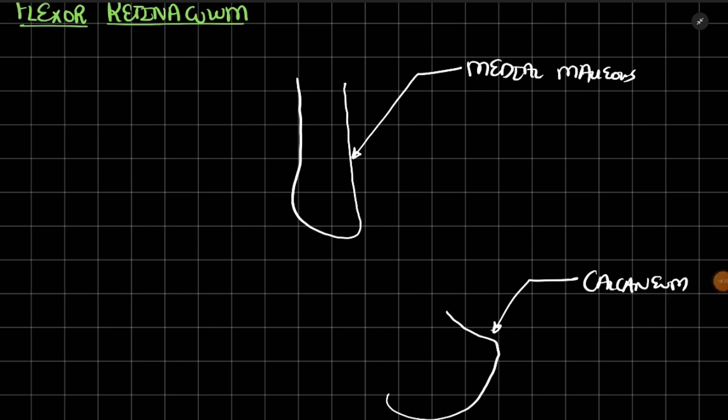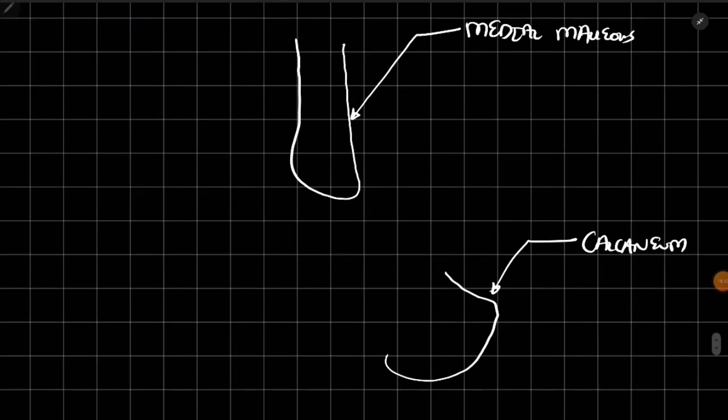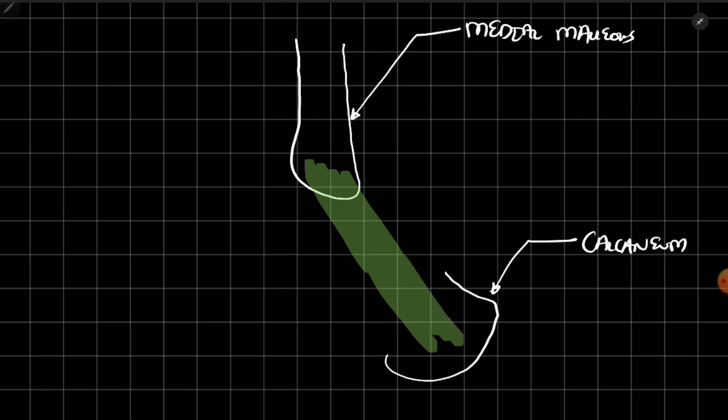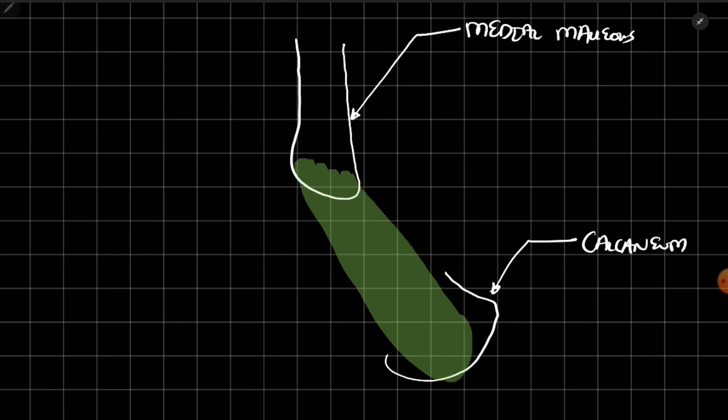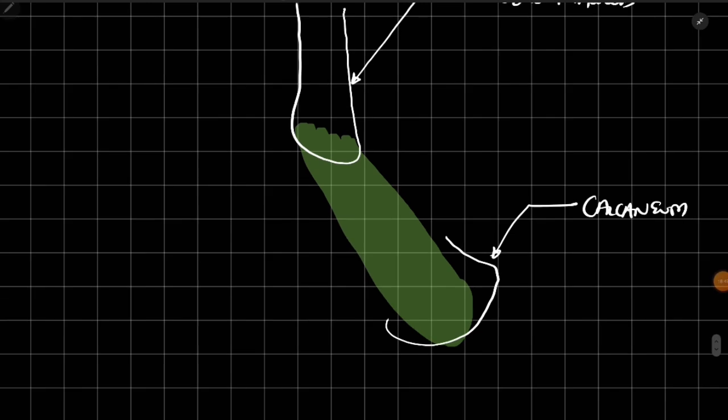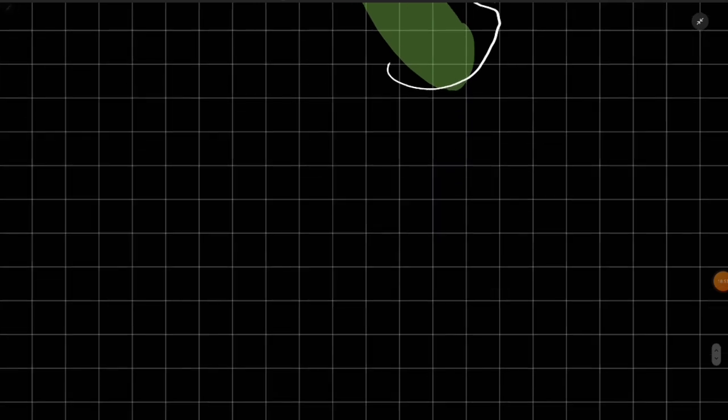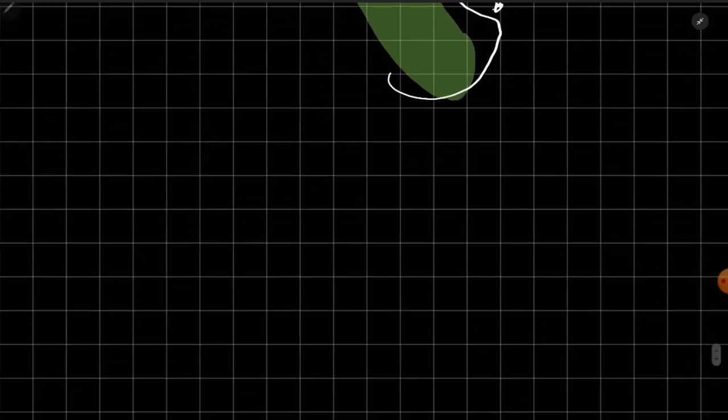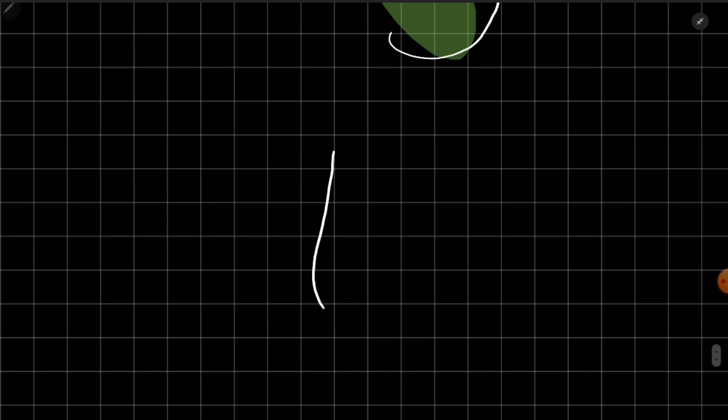So basically I will first draw the retinaculum. This is the retinaculum. The flexor retinaculum is attached like this. So now let us draw the relations underneath.